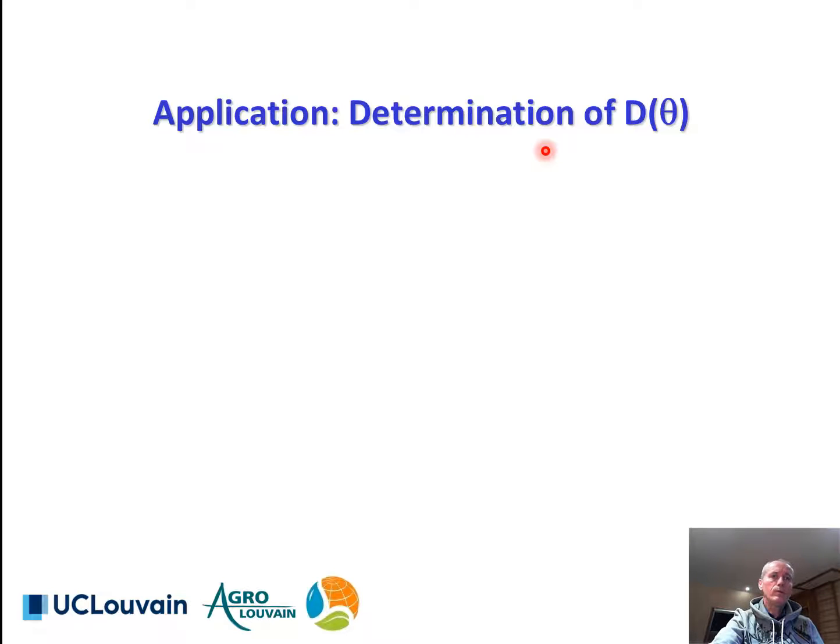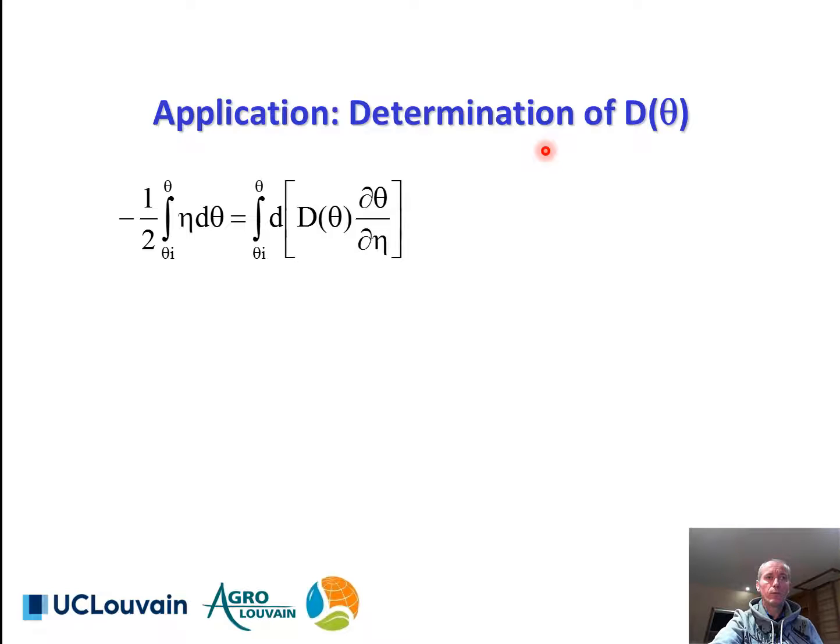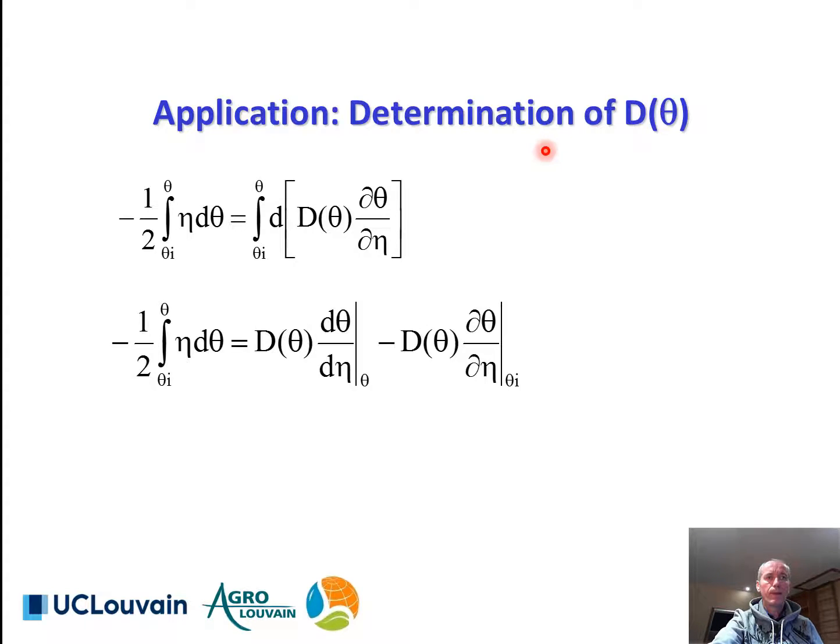We can now use this transport equation in eta to develop a procedure to estimate the diffusivity D for a real soil. We start with our transport equation that we have integrated already the first time over d theta, and that we rewrite now the right-hand term as shown in this equation.